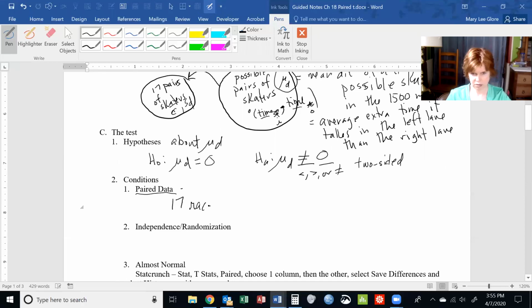So we got 17 races, and I got 2 times, 1 for each racer. So this is paired. Now I have to have independence. This is independence between the pairs. All right. So are the times in the first race? Actually, it's the first race difference in time.